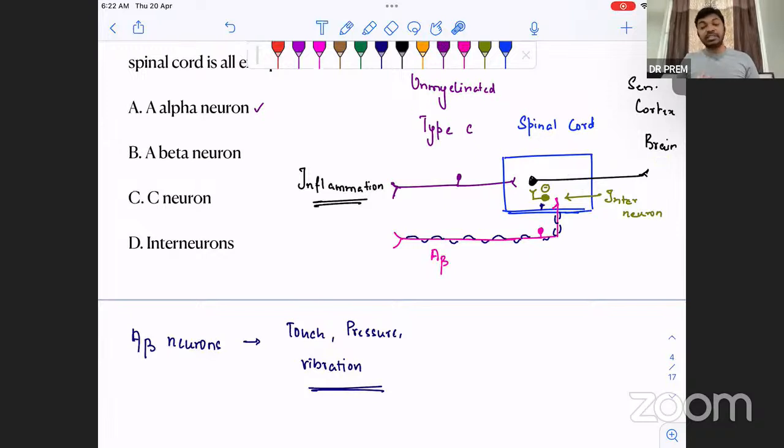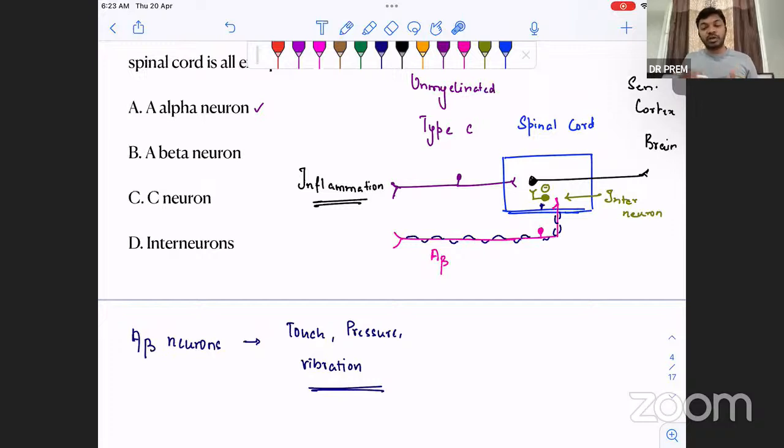As a consequence, the sensory cortex does not get the action potentials from the pain conducting fibers. So even though the pathophysiology is still there, the insult is still there, the pain perception is going to be absent. And the reason for absence of pain perception is no excitation taking place in the postsynaptic neuron.